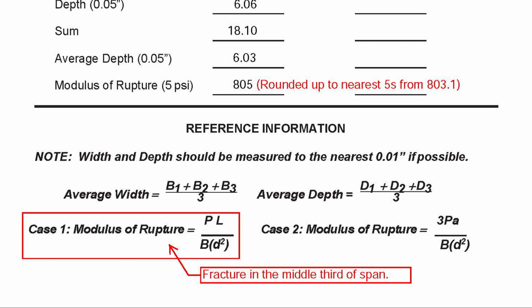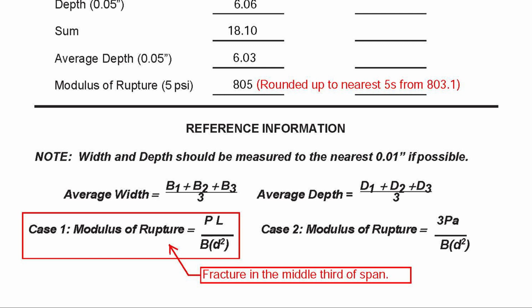Now, in the event that your fracture occurs within 5% outside the middle third of the span length, then you'd use case 2 to do the calculations, with A being the distance from the fracture to the nearest load supporting block, which would be the blocks that are underneath.